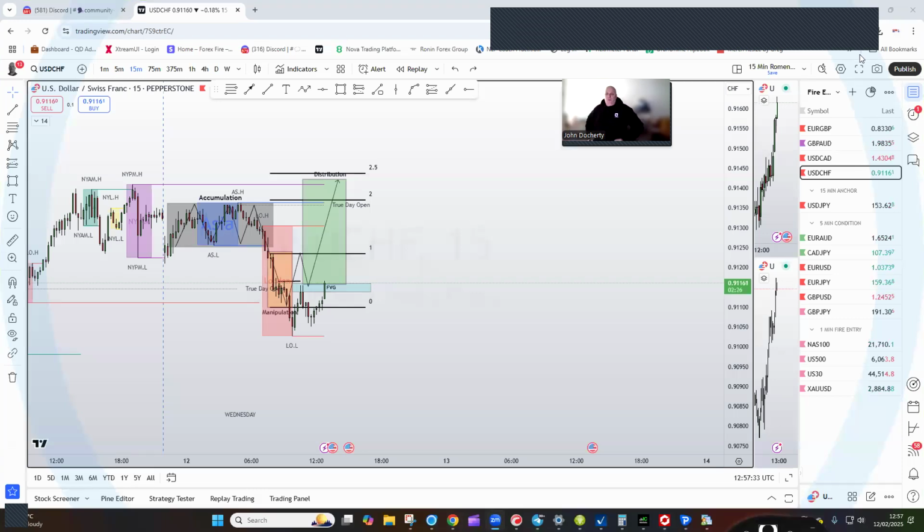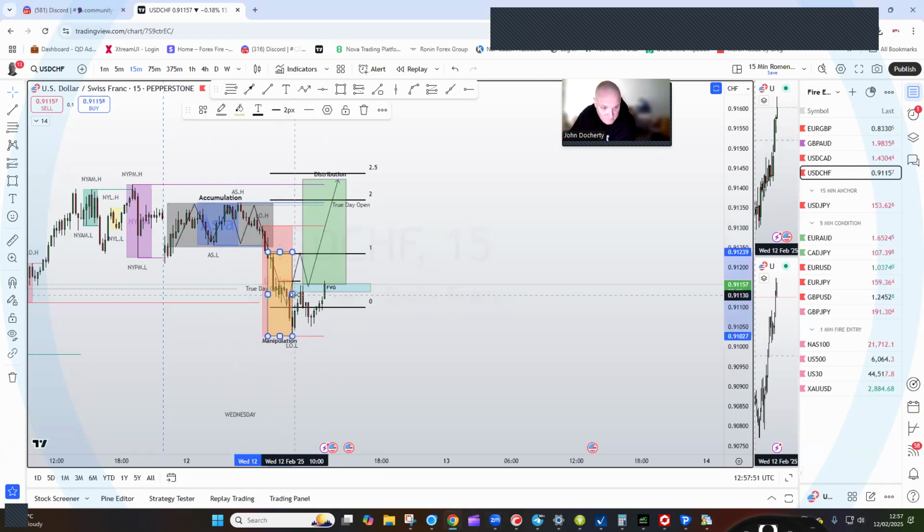And the guys, update. So what we're seeing here is one that I put back into the list, okay? The U chef. So what I'm looking at the moment, we had the accumulation, we had the manipulation, but it's come further down. If I just drag this further down here, what you're seeing there is the manipulation.